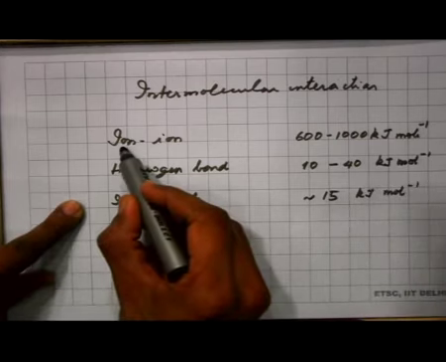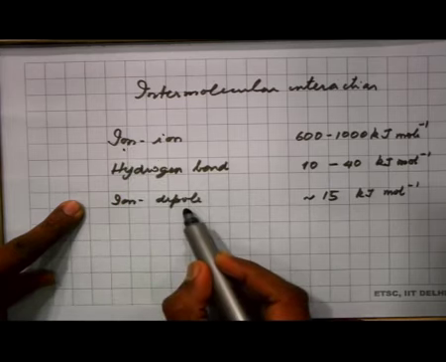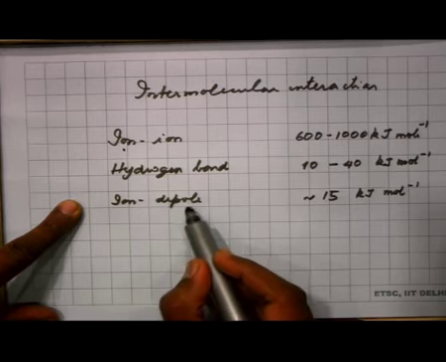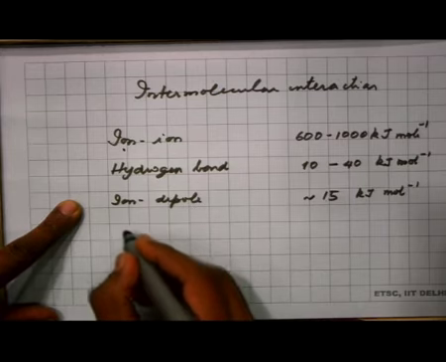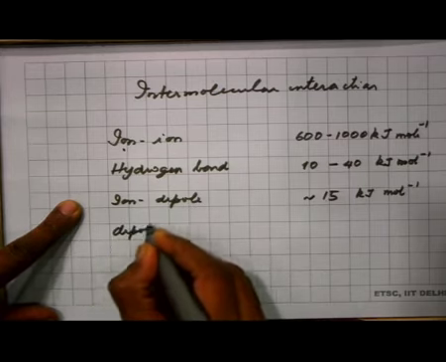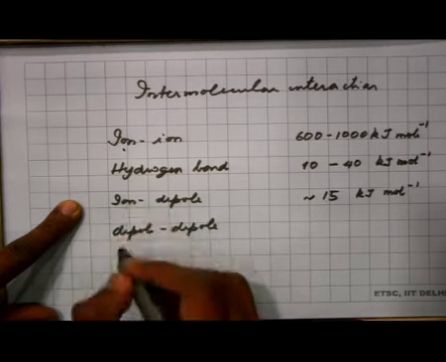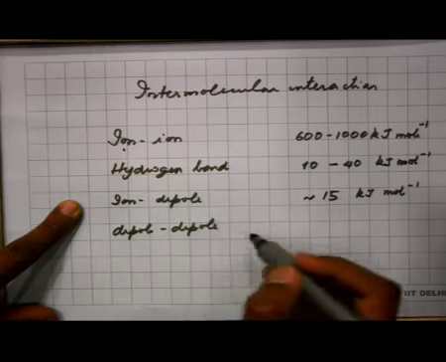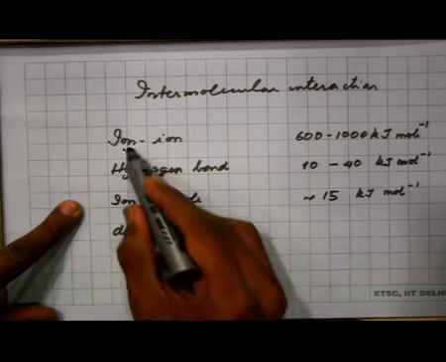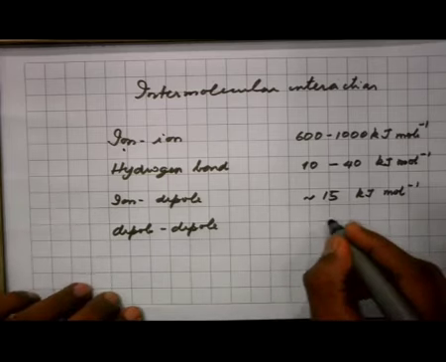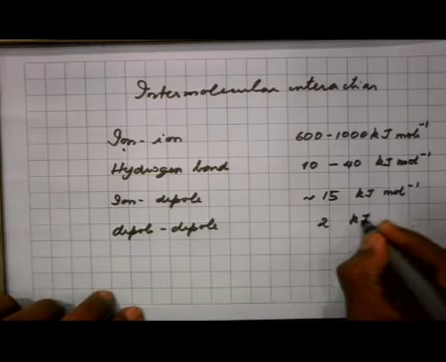So, we had an ion interacting with a dipole, and you can just apply your electrostatics a little bit. The next thing that we are likely to see is dipole-dipole, and from now on it just follows exactly the way you would expect it to. Ion, dipole, dipole-dipole, and this is of the order of 2 kilojoules per mole.